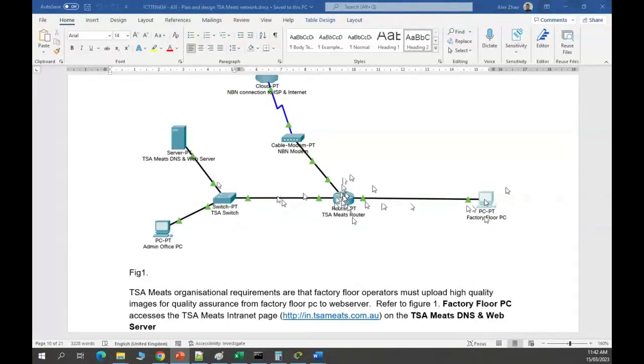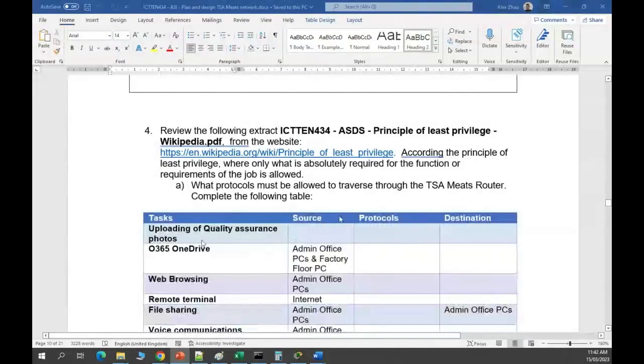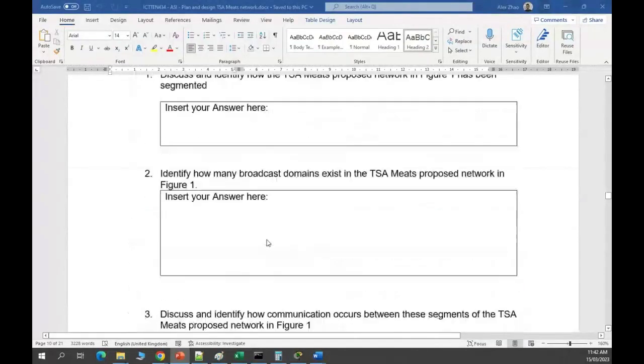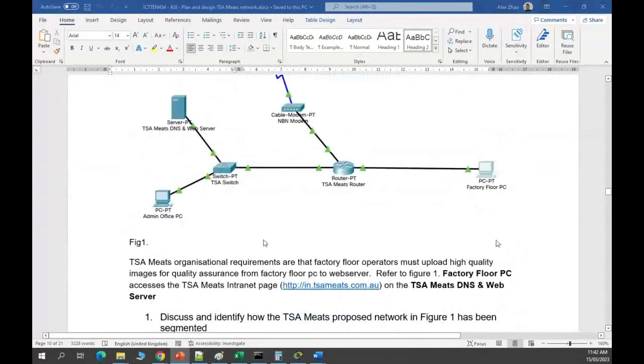So if everything has to go through this router, this is where we can control whether this computer can go here, or this computer can go there, or this computer can go to the internet, and what protocols are allowed. So the first question is, if we want to upload quality assurance photos, remember the scenario, where are we located? Where are the products being produced?